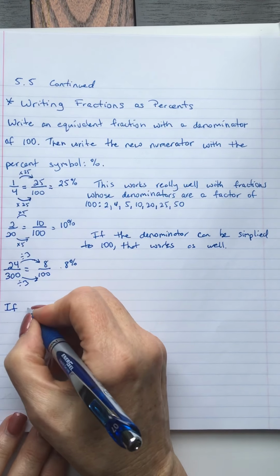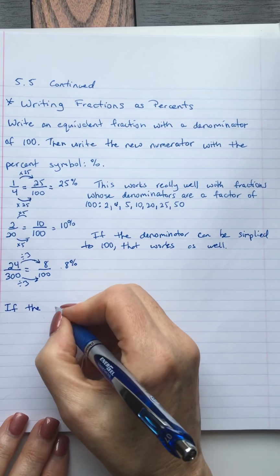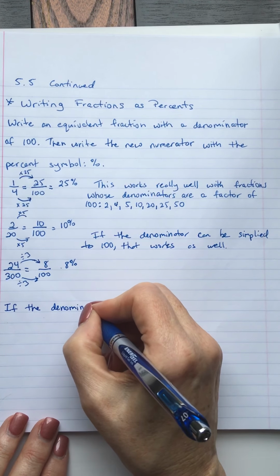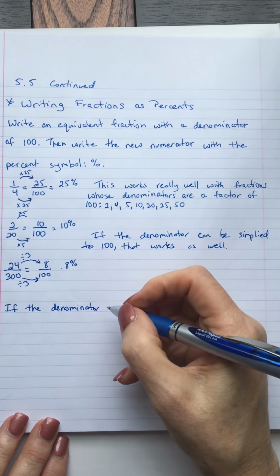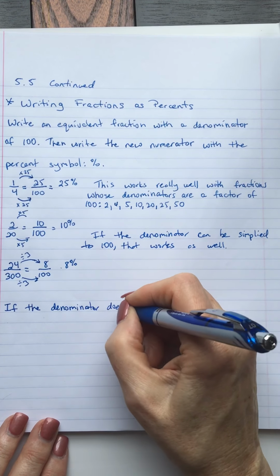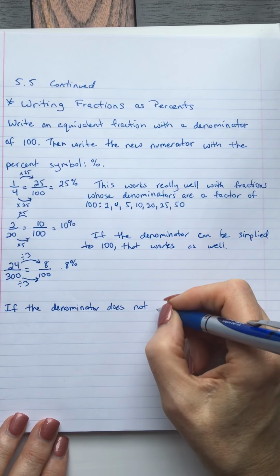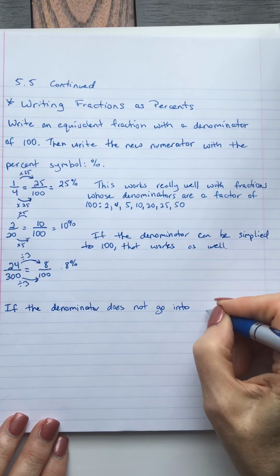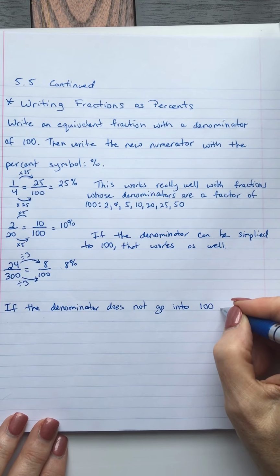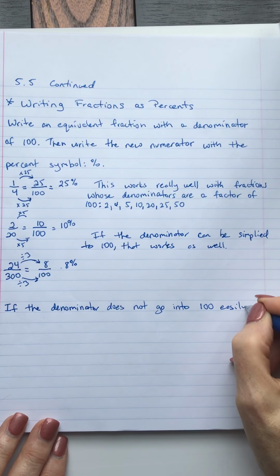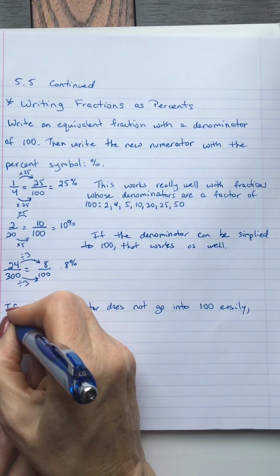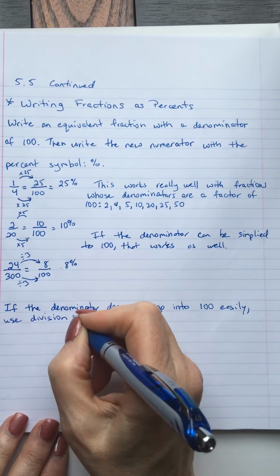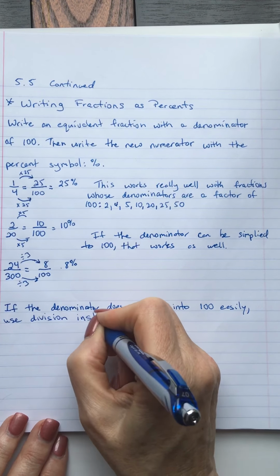If the denominator does not go into 100 easily, use division instead.